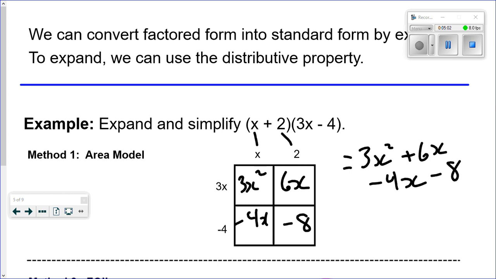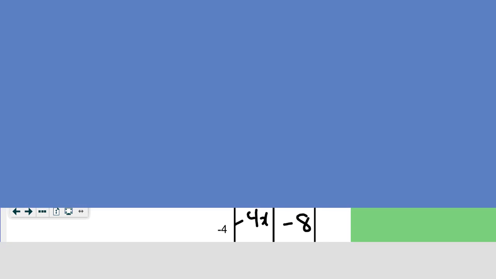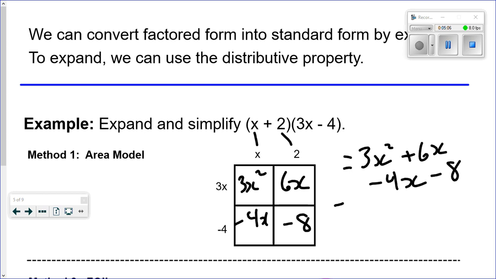Once we have our numbers written out, we then turn around and collect like terms. So there is no other x squared. 6x minus 2x is plus 2x, and there are no other plain Jane numbers. So we rewrite it out.